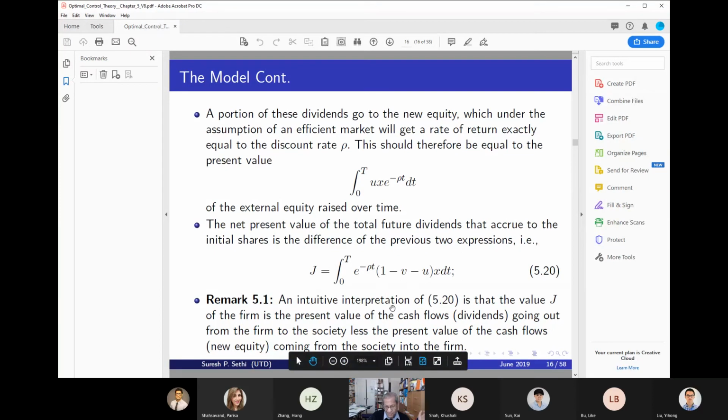The intuitive explanation is this: the value J to the firm is the present value of cash flows going out from the firm to the society minus the money coming from the society to the firm. So if you think about the value of the firm to the society, it is exactly what the society gets from the company minus what the company gets from the society, which is exactly this.